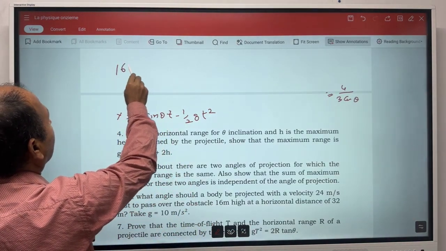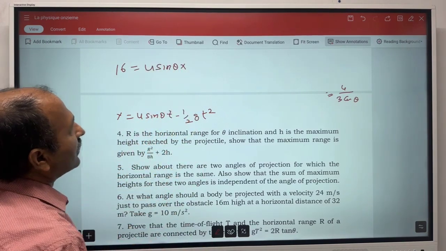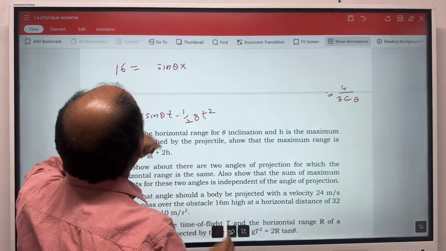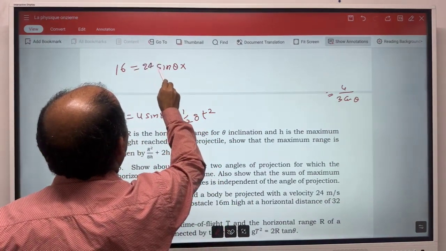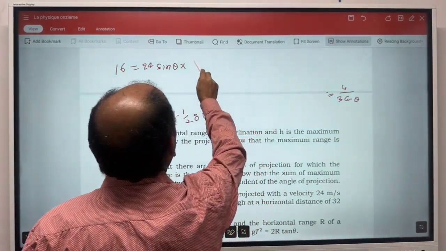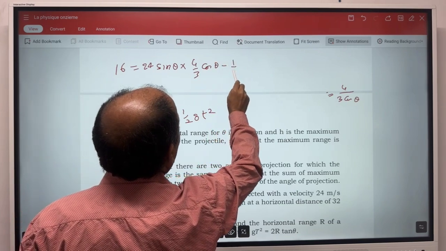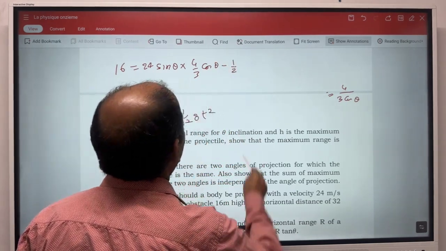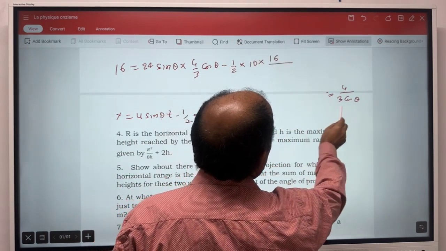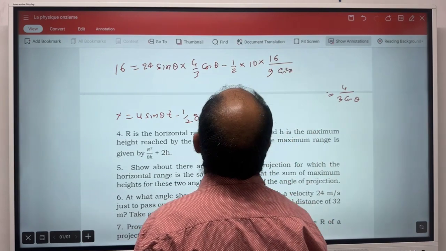So 16 equal to u sin theta into t. Here the value of u is also given, that is 24 sin theta into t, which is 4 upon 3 cos theta, minus half g. g we can take 10, into, this will become 16 upon 9 cos square theta.